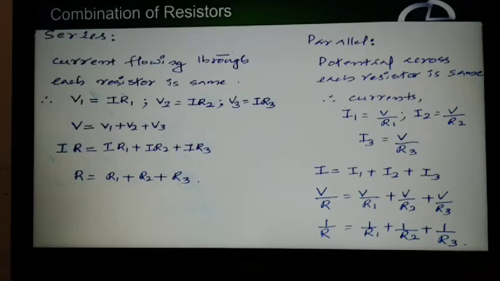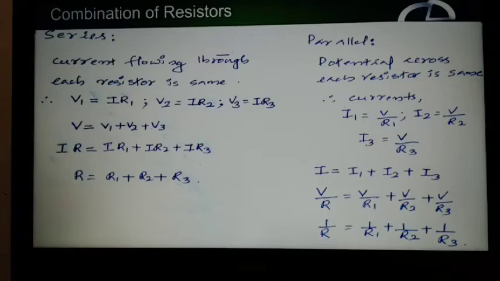Since the total current I is I1 plus I2 plus I3, V by R is equal to V by R1 plus V by R2 plus V by R3. That is, 1 by R is equal to 1 by R1 plus 1 by R2 plus 1 by R3. That is, the reciprocal of the effective resistance is the sum of the reciprocals of the individual resistances, when the resistors are connected in parallel.